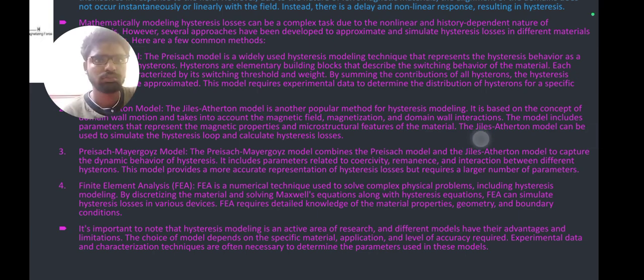The modeling requires a fair knowledge of material properties, geometry, and boundary conditions. It's important to note that hysteresis modeling is an active area of research.